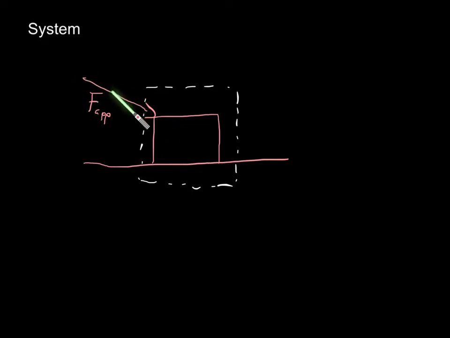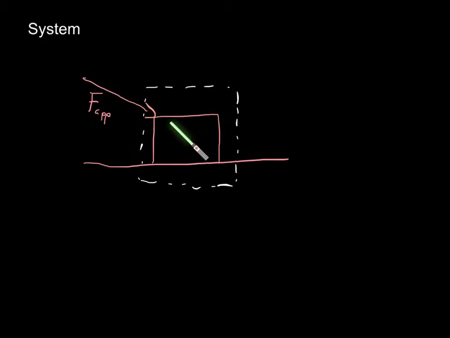Right? Yes, it's changing the motion of this box, but where it comes from, what is applying this force, really doesn't matter. It's just a force pushing this way. So we're going to define our system in here, and so anything that's internal in the system is going to be some type of energy, and anything coming into the system and pushing in, or anything leaving our system, is work.